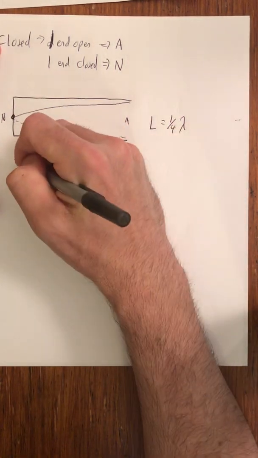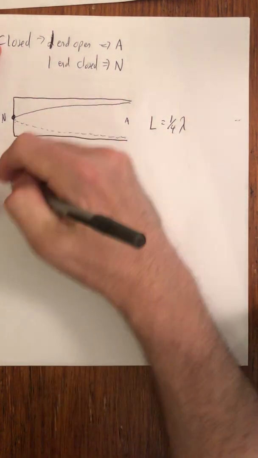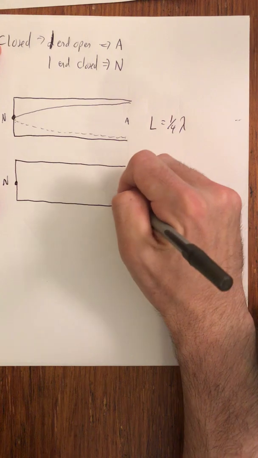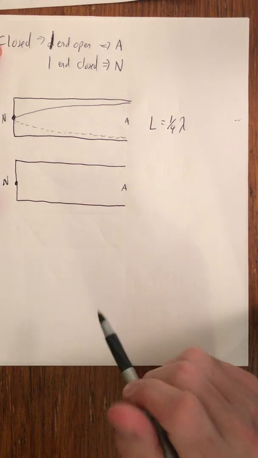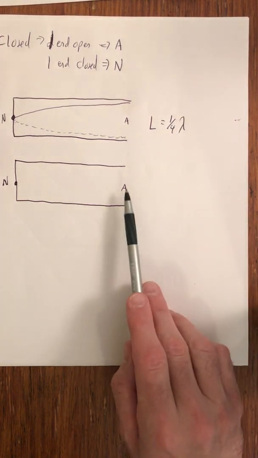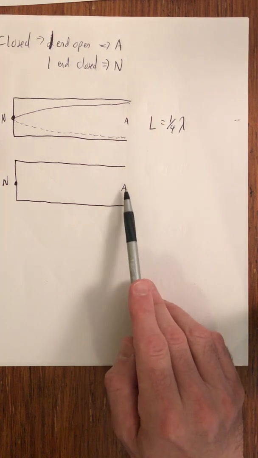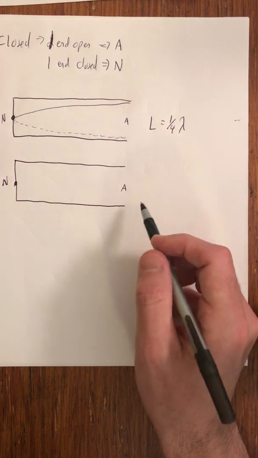Well, that has an interesting implication here, because now if I want to have the next harmonic, I know I've got to have a node at this end and an antinode. Well, what's the next bit of the pattern that could fit? Well, I can't just say two quarter wavelengths, because if I do, I'd be going from antinode to node to antinode, so that's not the pattern.